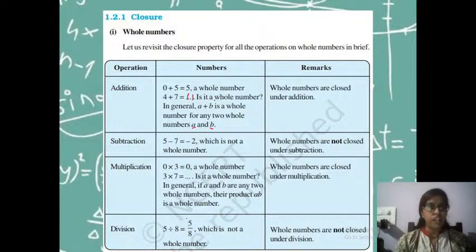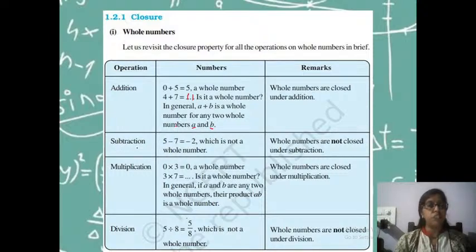If we add these two, we will get c. So a plus b is c. Here 4 becomes a, 7 becomes b, and the unknown number you get becomes c. Understood? So here it is closed under addition. That is, it doesn't need any further calculations. That's why we say it is closed under addition.